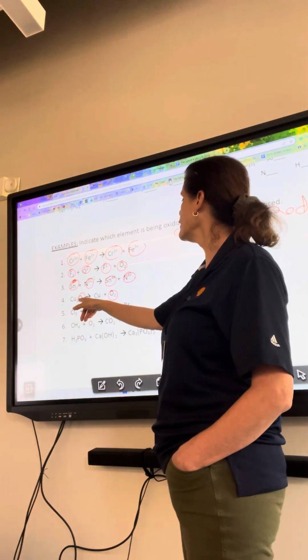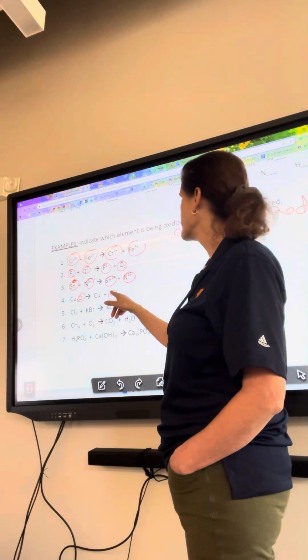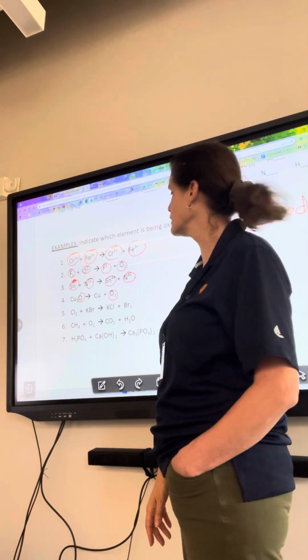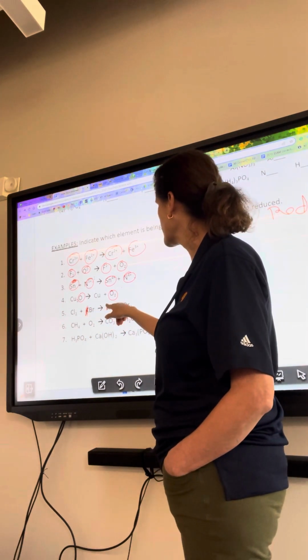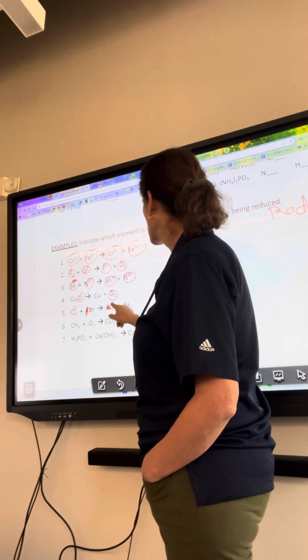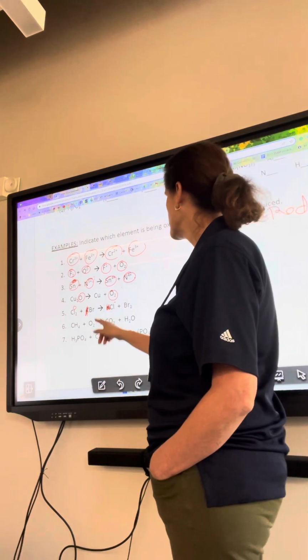So, minus 2 to 0. Yes, it's oxidized, which means the copper got reduced, right? Potassium never changes, we don't care about potassium. So 0 to minus 1, reduced.